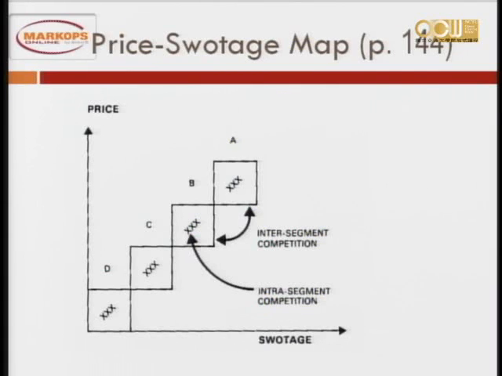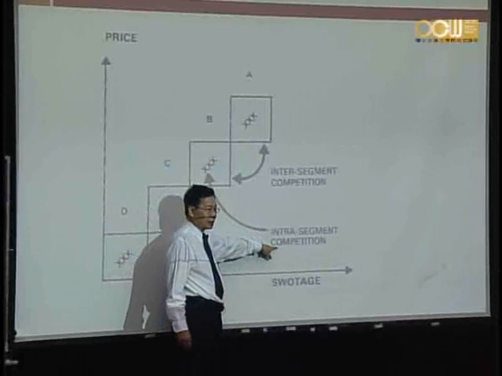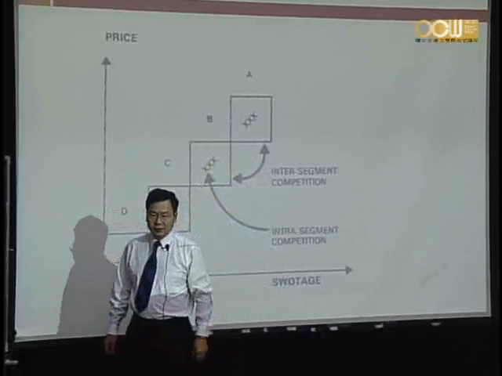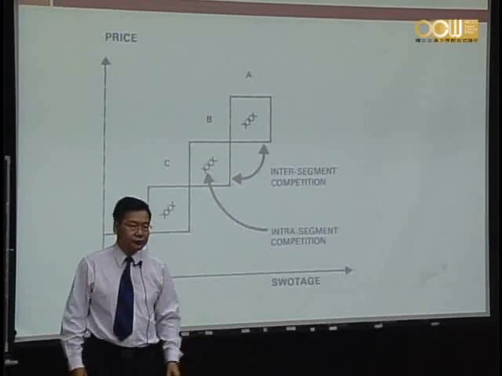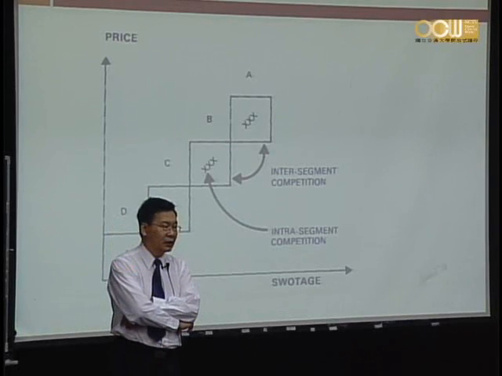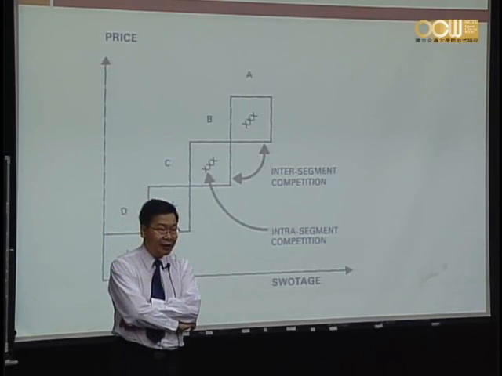Another one, we have 4 segments. Within the segment, we call it intra. Between the segments, we call it inter. Competition from which one is higher, inter or intra? Intra, right?